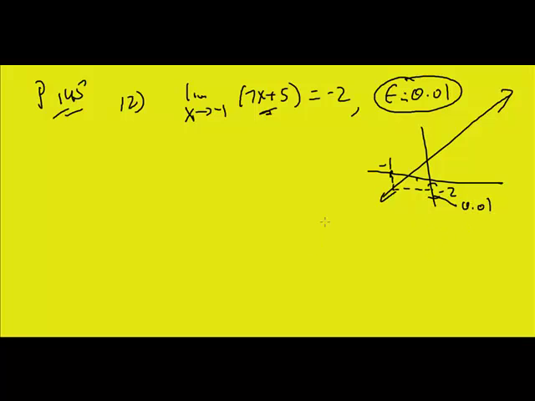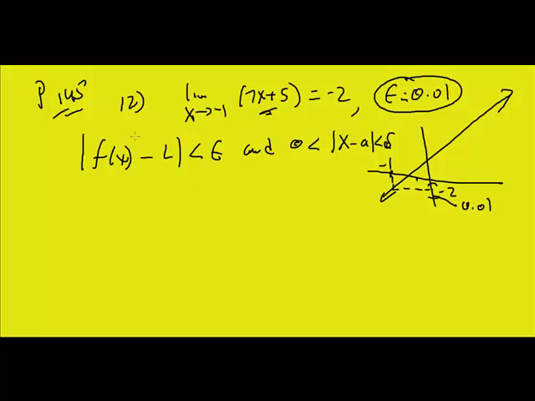Okay, so if that's the case, then the absolute value of f of x minus L has to be less than some epsilon, and at the same time, 0 is less than the absolute value of x minus a, which is less than delta. I'm going to use this definition and plug in everything that I have.